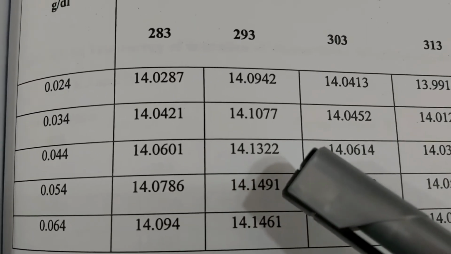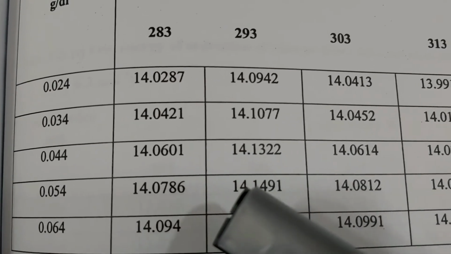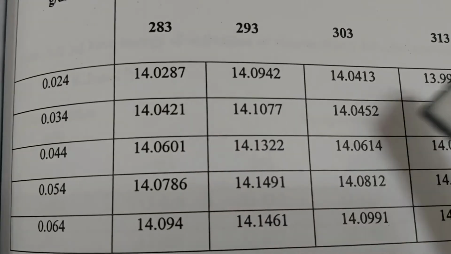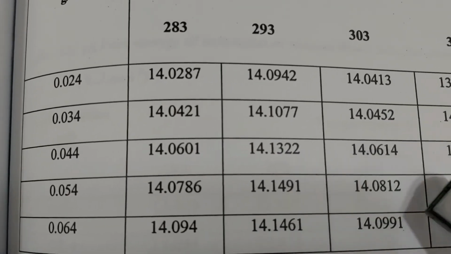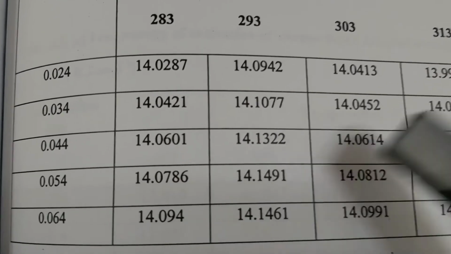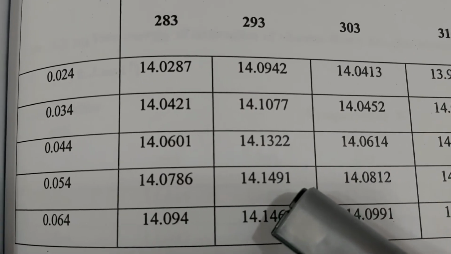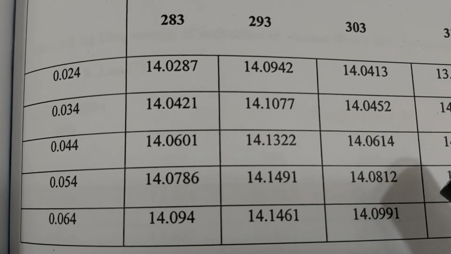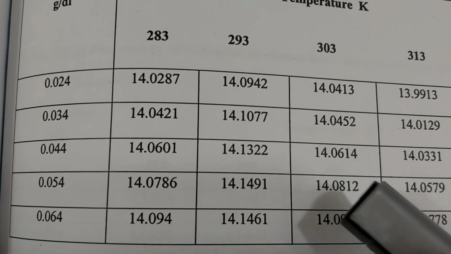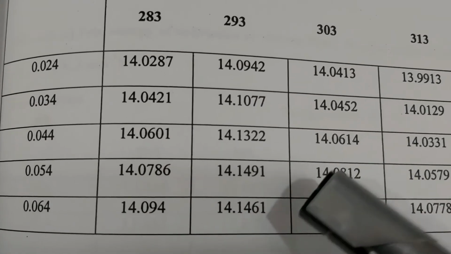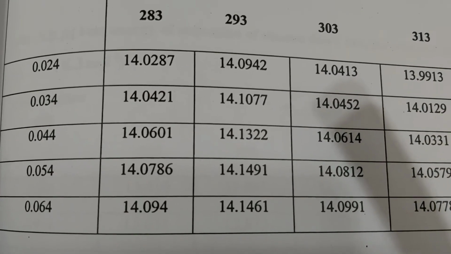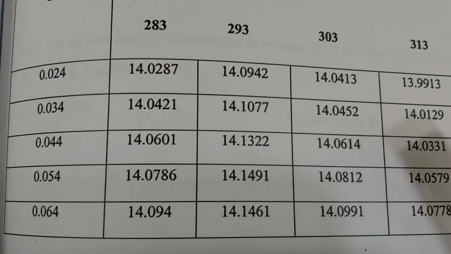The values of delta GV for all the monomers were found to be between 14.1461 to 12.46 kilojoule per mole, whereas for the polymers they were 14.100 to 15.3193 kilojoule per mole.